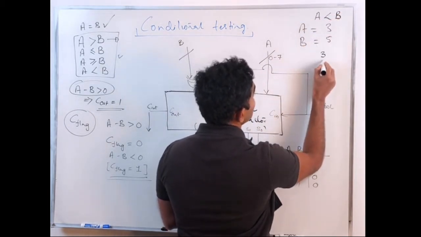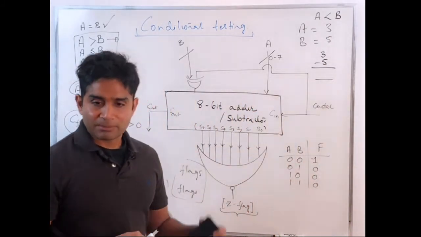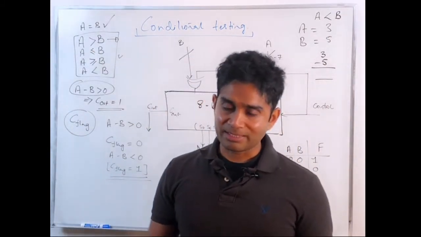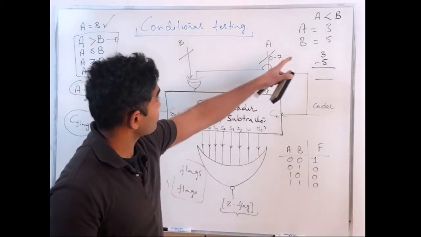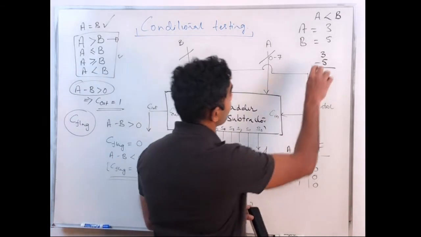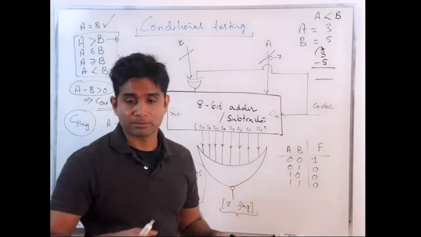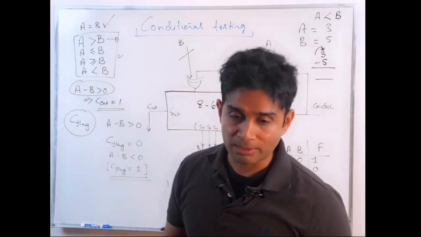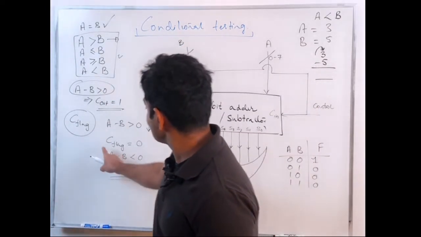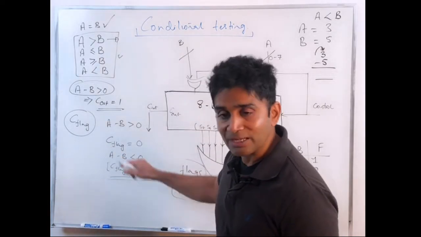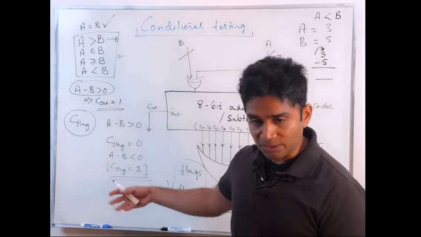If I want to perform this operation, obviously I cannot subtract 5 from 3. I have to borrow. In this case, I don't have a borrow, so I borrow from an imaginary borrow. So every time I have to borrow from an imaginary borrow, I will set my C flag to be a 1. That's how I define my C flag in this way.